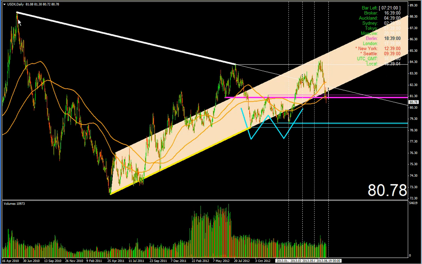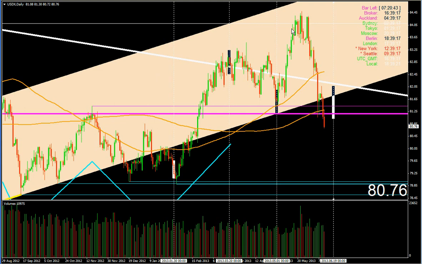But for all dollar bears, here we've got the highs 2010 and the highs 2012. If we paint an extended line through highs 2010 and 2012, we see here this fight in this channel.